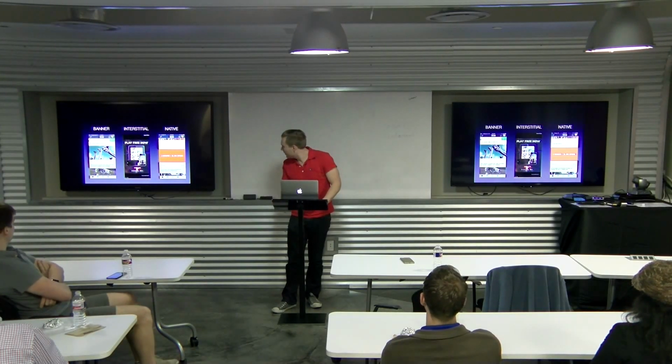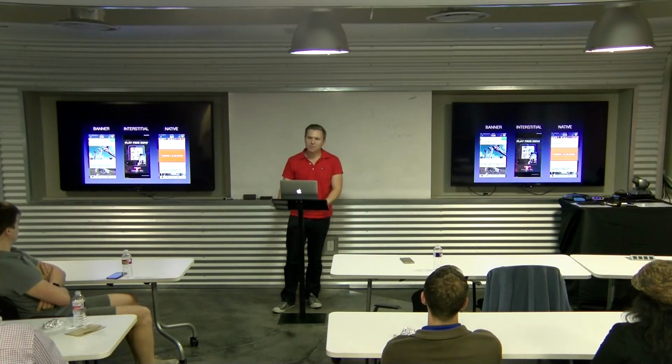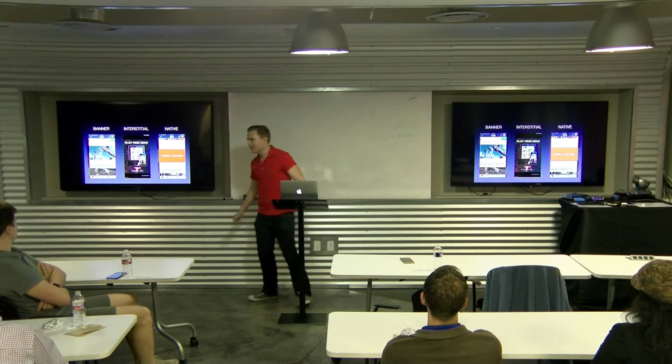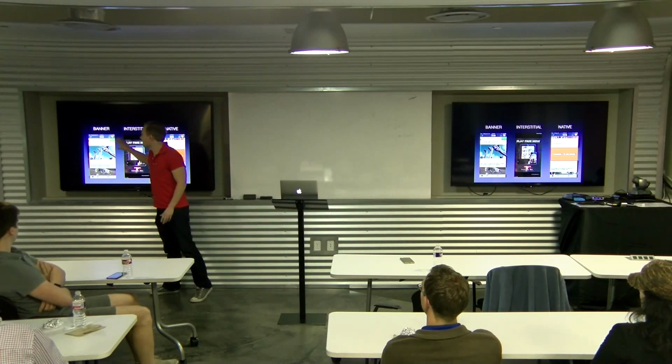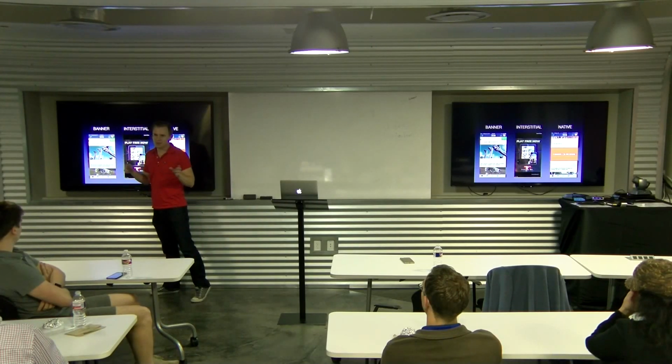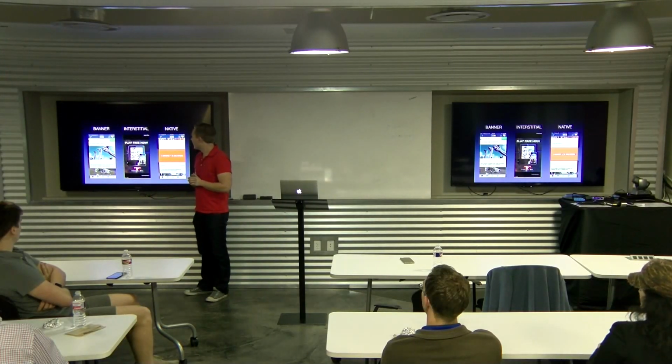So there are 3 main types of ads you can have in an app, or the 3 popular ones are banners, interstitials, and native. The banner is what you typically see at the top or bottom of a screen or in a feed. It's typically called a 320 by 50 unit, but screens have gotten wider since then, but people still use it. Lingo, there's the full screen interstitial here, which takes up the whole screen.